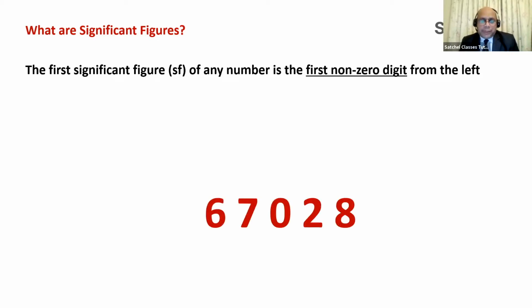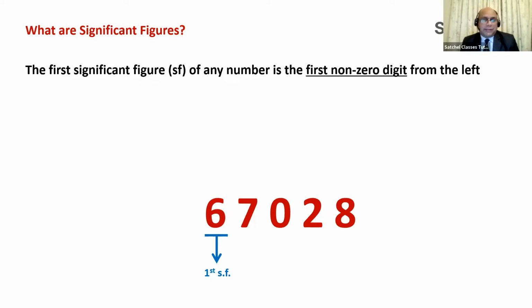For example, if we have the number 67,028, which is the first non-zero digit from the left? If you look from the left, the first non-zero digit is 6. So that becomes your first significant digit. Now, once you have found the first significant digit, it's easy to find the rest.